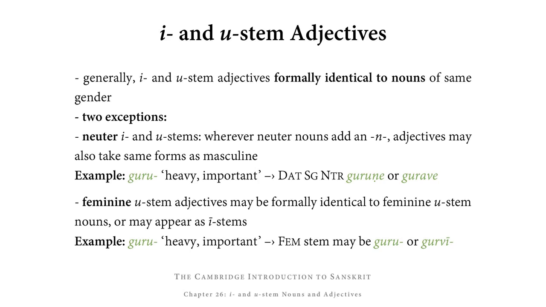The second exception concerns specifically feminine short U stem adjectives. These may be formally identical to feminine short U stem nouns, but they may also appear as long I stems and therefore be declined like nadi. So for example, from guru, meaning heavy important, the feminine stem may either be just guru or it may be gurvi.